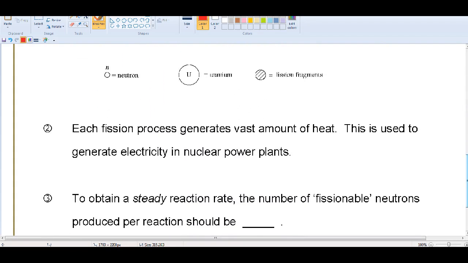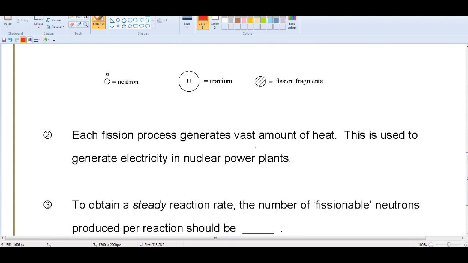All right. Each fission process generates vast amounts of heat. This is used to generate electricity in nuclear power plants. So that's why we have a lot of nuclear power plants, because you have chain reaction. That means you don't need to worry about whether you need to add more uranium into the reactors to keep the reactions going.